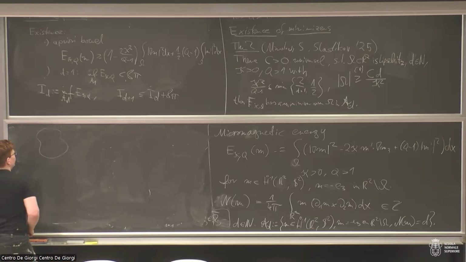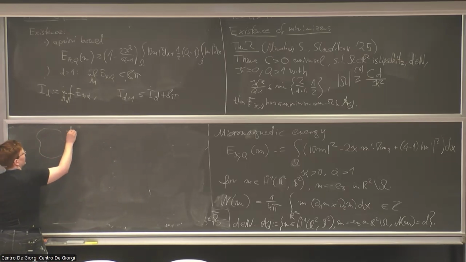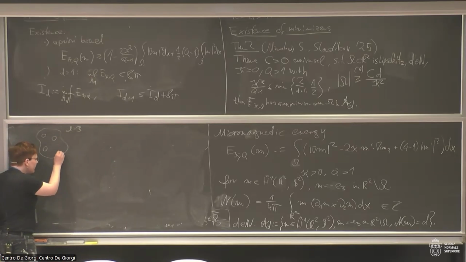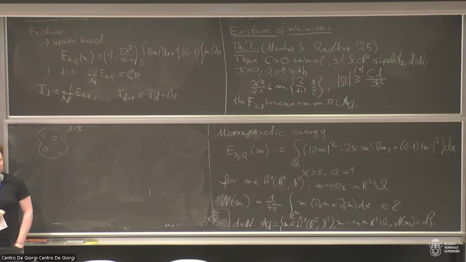Imagine the way proving this works is you take something that has good energy with degree d. Let's say d equals 3, and you have 3 skyrmions there, whatever. The way you get the inequality is you go somewhere else where the skyrmions aren't, and you add another tiny little skyrmion. If you make the skyrmion small enough, all you pay is 8 pi.